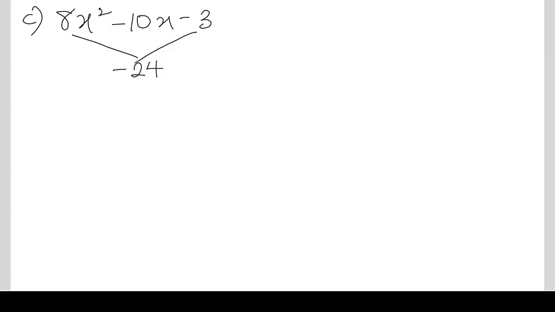So what are the factors of minus 24? That is, what are the numbers that will multiply each other that will give you minus 24? I'm going to be starting with 24 itself, which is 24 and minus 1. So 24 times minus 1 is going to give us minus 24. Also, let me change the sign of 24 to minus now.